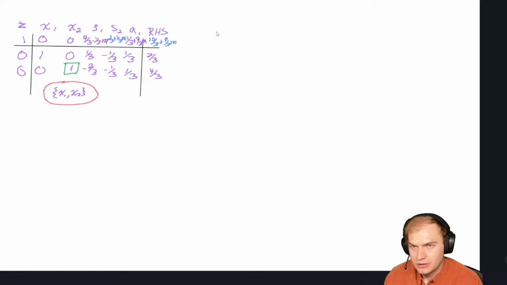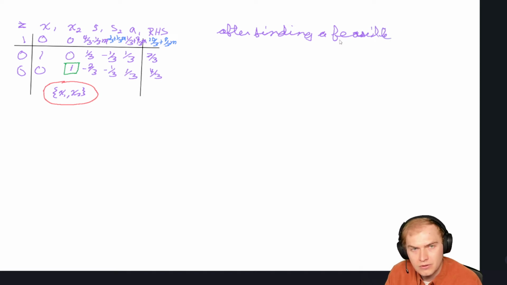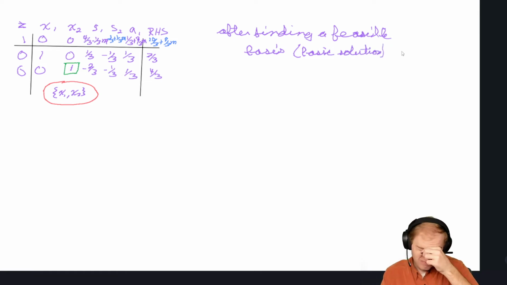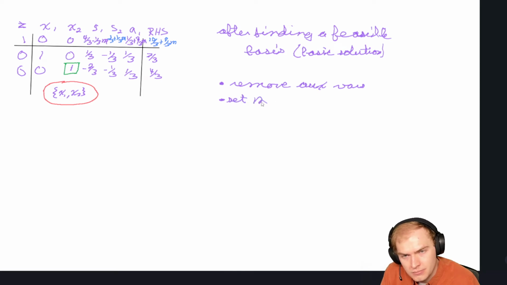So we want to, after finding a feasible basis or a basic solution, we remove the A column, remove aux variables, and set m to 0.